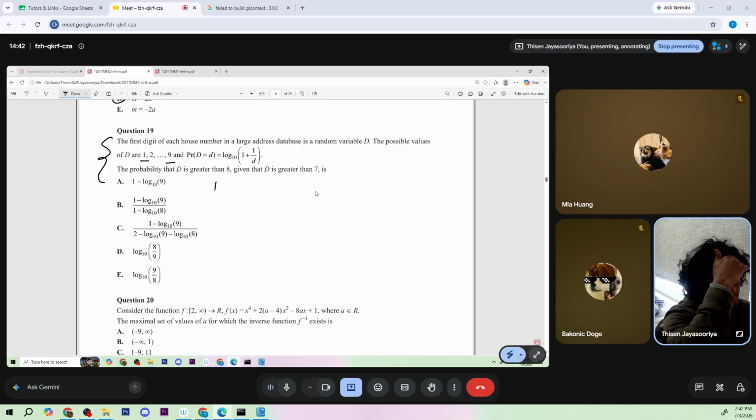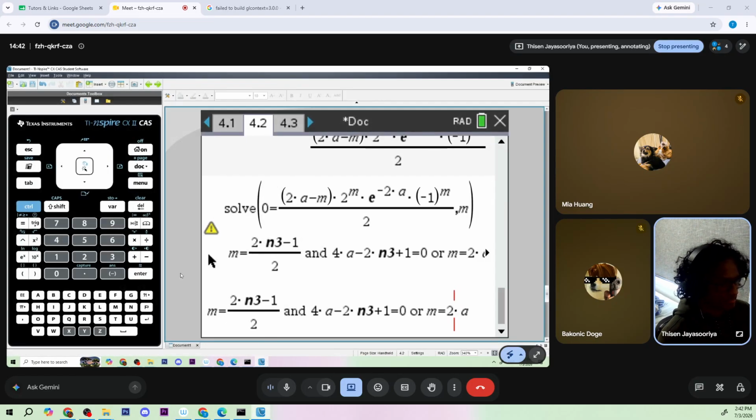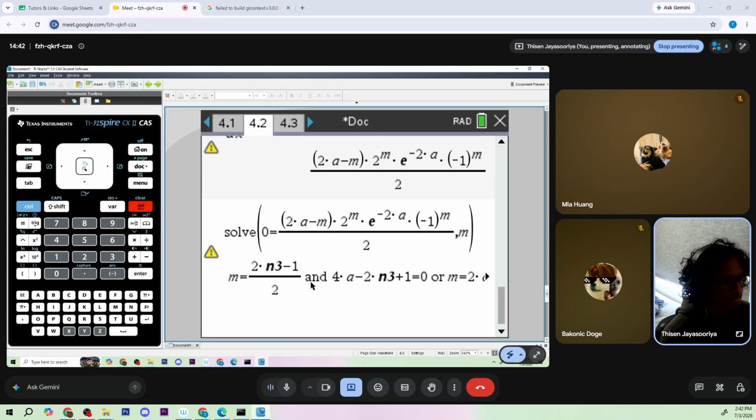So here it wants me to find the probability that d is greater than 8, given that d is greater than 7, which is equal to the probability that d is equal to 9 divided by the probability d equals 8 plus the probability d equals 9. Yeah? And here I use this probability mass function.